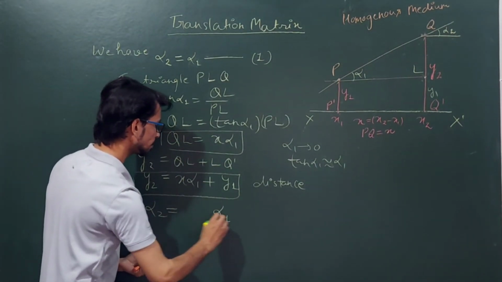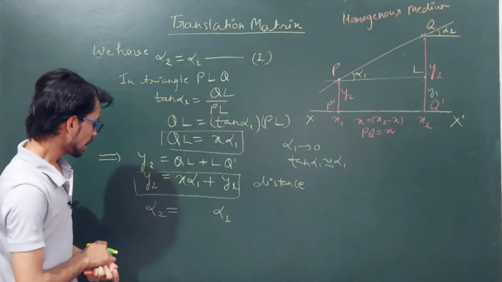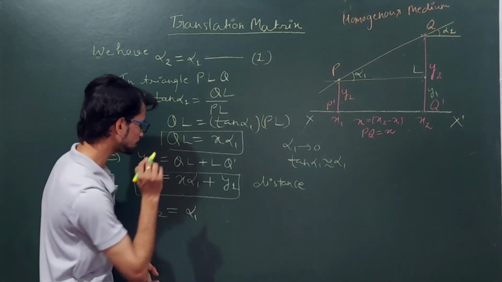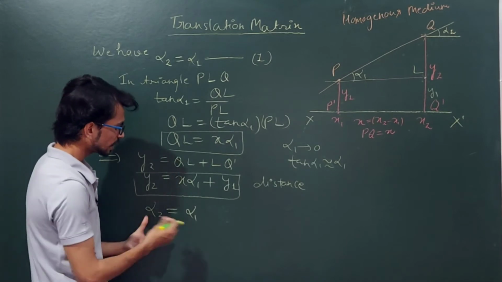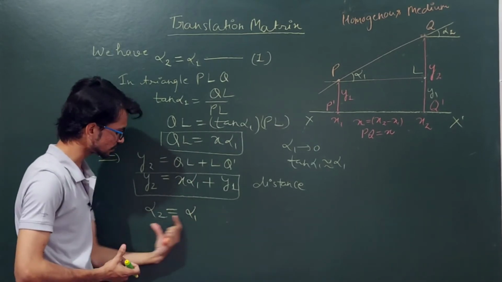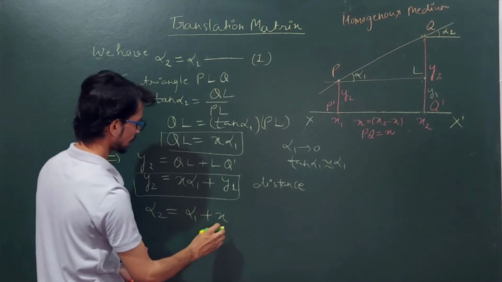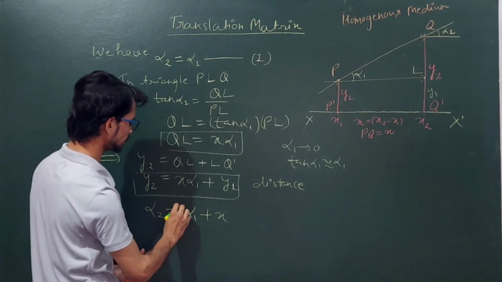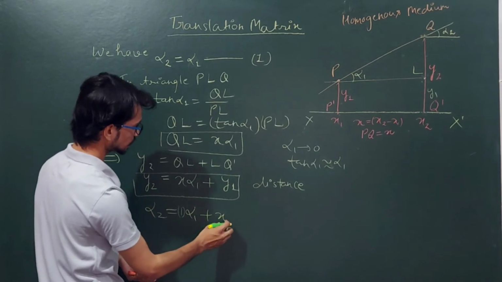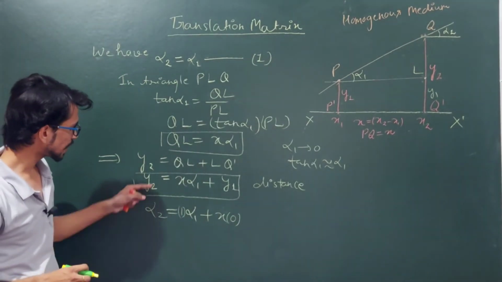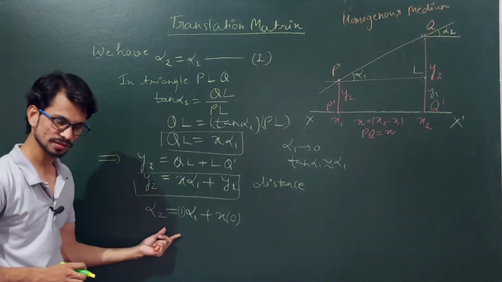To give a good expression for these equations, I can write x times 1 and x times 0. So this is how I can write these two equations.